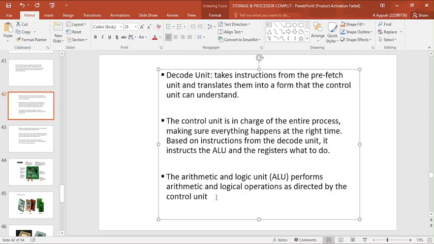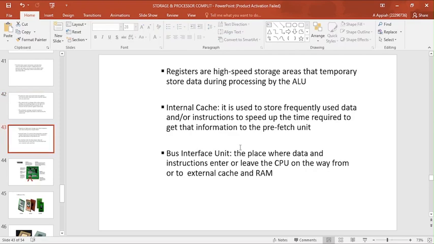So the ALU does all the logical operations of the computer and all the arithmetic operations as well. Then registers can also be referred to as the components that are high-speed storage areas. They temporarily store data during processing by the ALU.